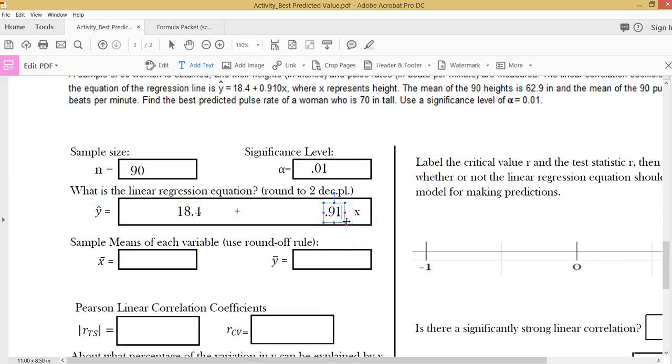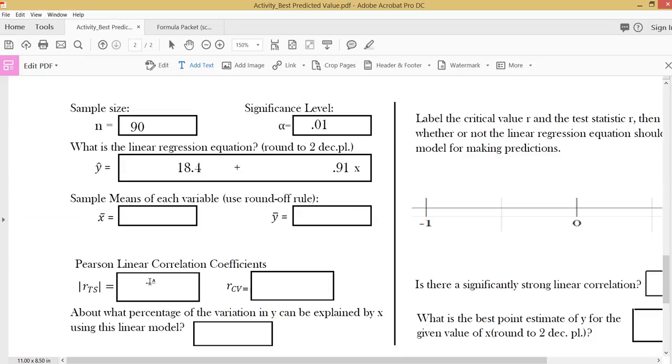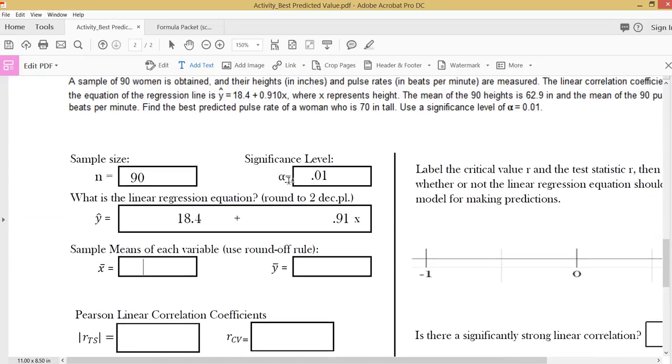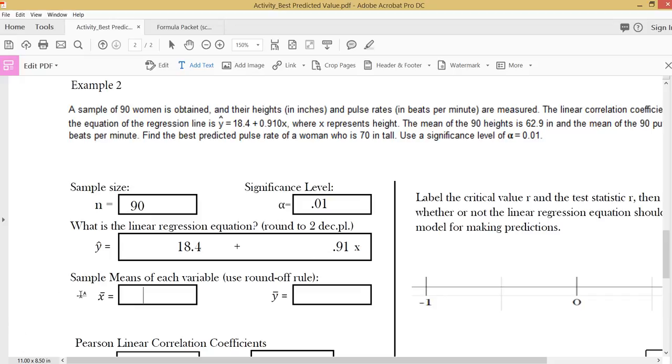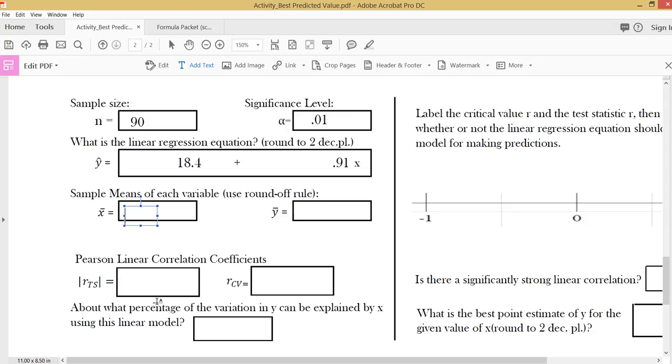All right, so now we can also look at what's the average x. Well, again, x represents height, and the mean of the 90 heights is 62.9 inches.